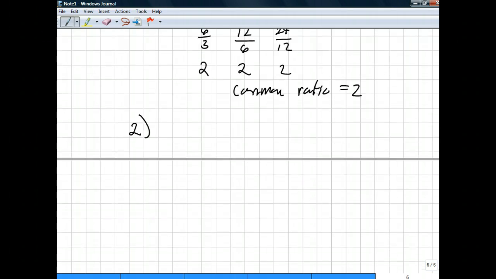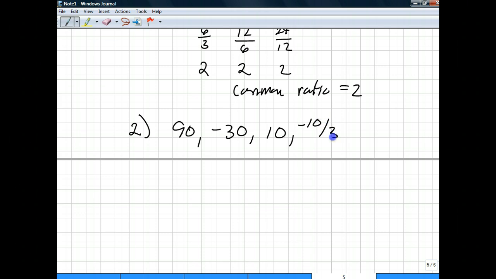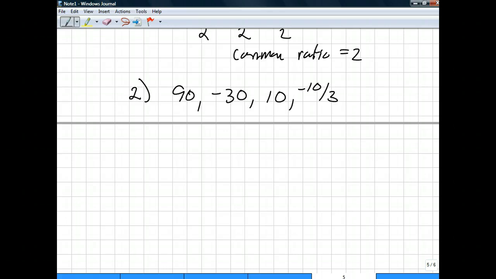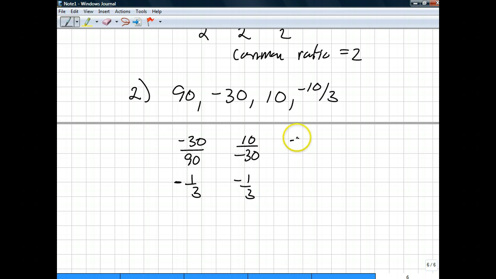Okay, next one. We have 90, negative 30, 10, negative 10 thirds. First of all, find the common ratio. Negative 30 divided by 90 gives me negative 1/3. 10 divided by negative 30 gives me a negative 1/3. And negative 10 thirds divided by 10 also gives me a negative 1/3.